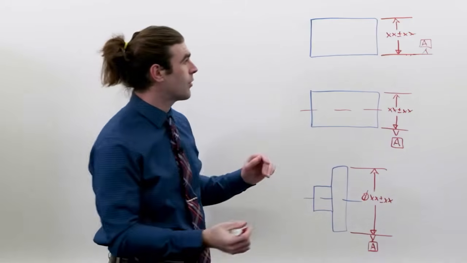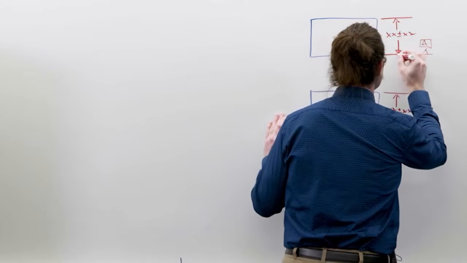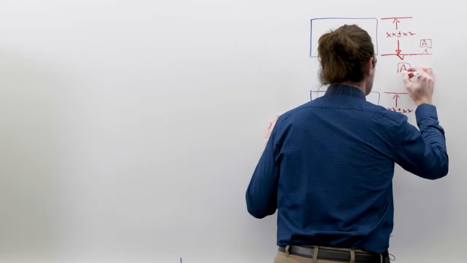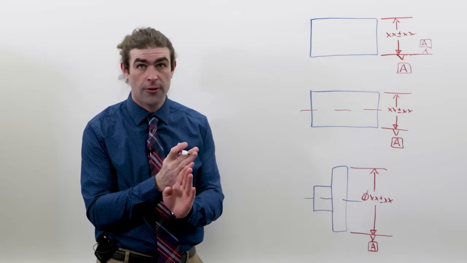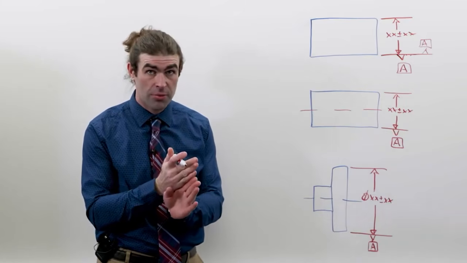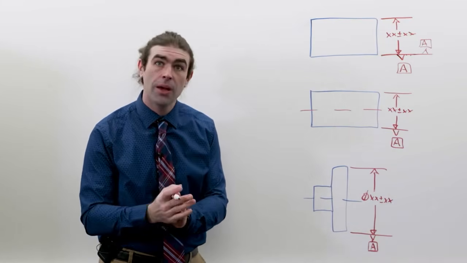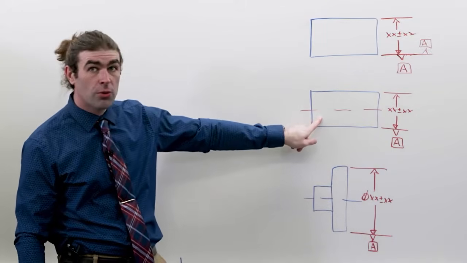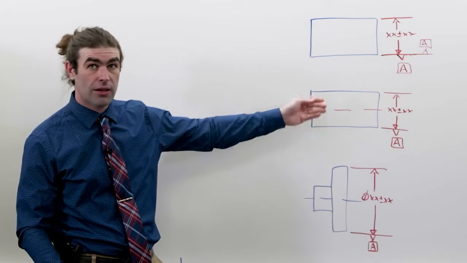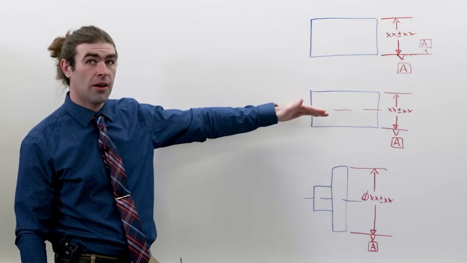You don't want a situation where the datum is really close and you're not sure whether the designer meant for it to be a center plane datum or a surface datum. Another giveaway is there should be a center line going through this part because it's symmetric if the datum is the center plane of the part.